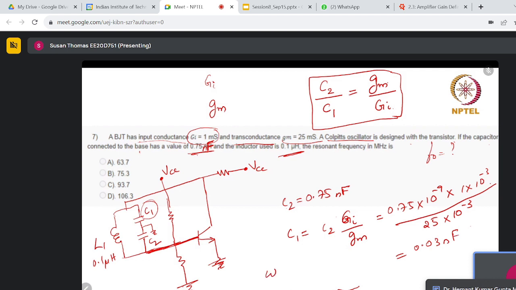Now, what is the equation for omega naught, that is the resonant frequency? Remember it's not omega naught which is being asked, it is F naught, so you have to convert it back to F naught. Let me write the equation for omega naught: 1 by square root of L1 multiplied by C1 plus C2 divided by C1 C2. This is the equivalent capacitance and this is the inductor there.